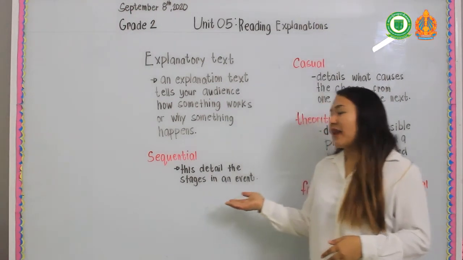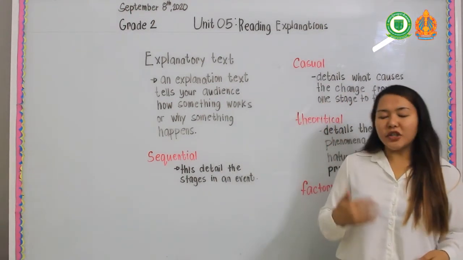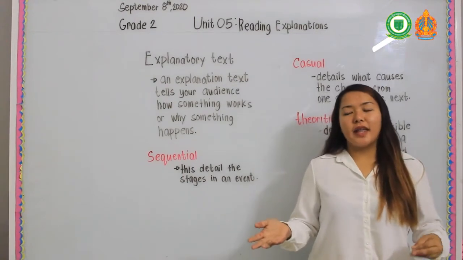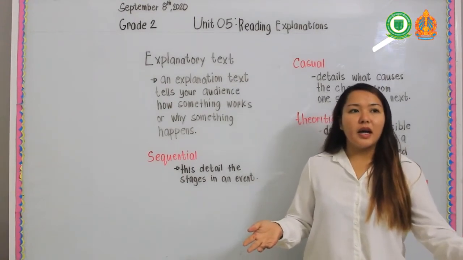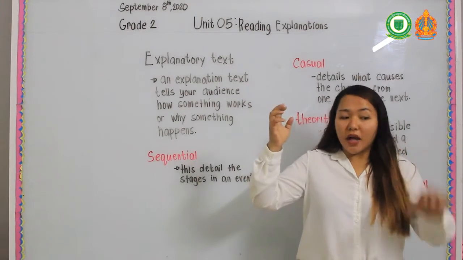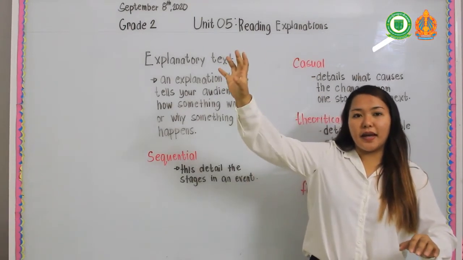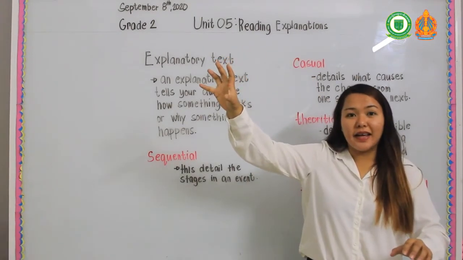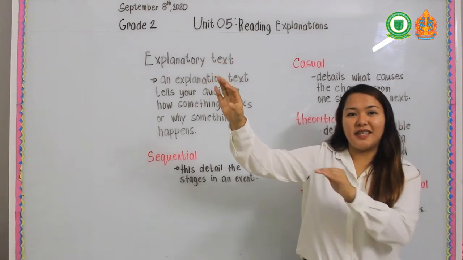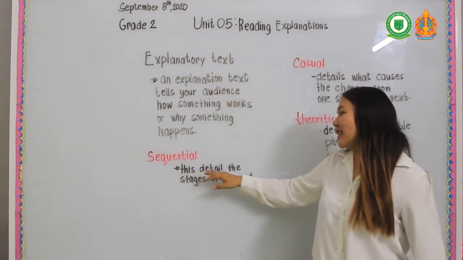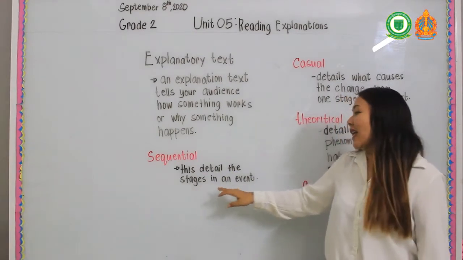Understand? So if you want to share with your audience how a caterpillar becomes a butterfly, you can write the stages. Okay? So again, this details the stages in an event.